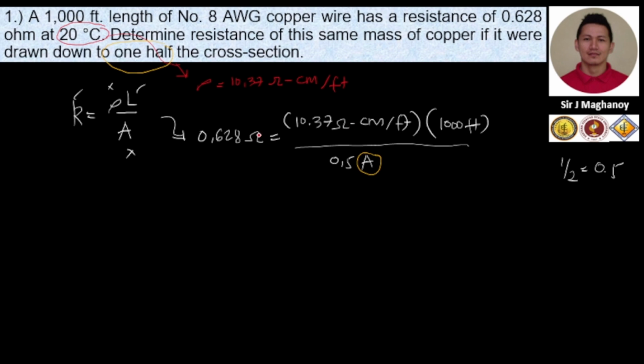Ohms on both sides cancel, feet cancel. So the remaining unit is circular mil, which is the unit of your cross-sectional area. Doing the math, for the value of your cross-sectional area, you just use the power of the calculator, shift solve.